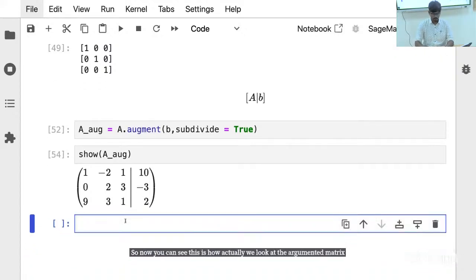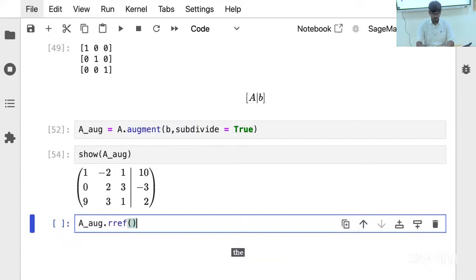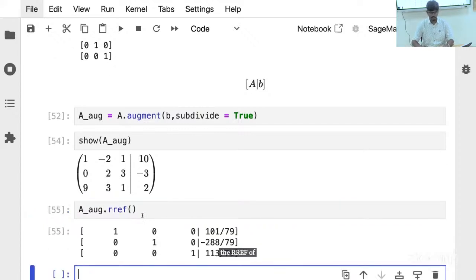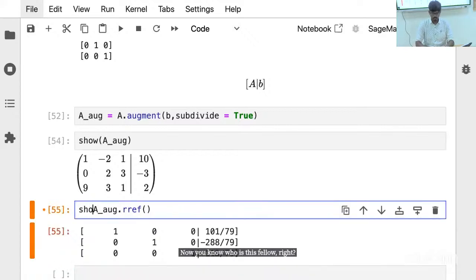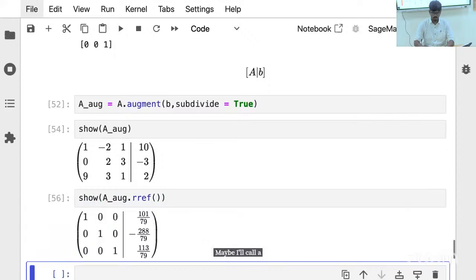Now we can look at the RREF of the augmented matrix. Now you know who this fellow is, right? Maybe I'll call the show method on that as well. Now can you see the last column? The last column is simply the solution of the expression over there, correct? Now how will I fetch the last column?